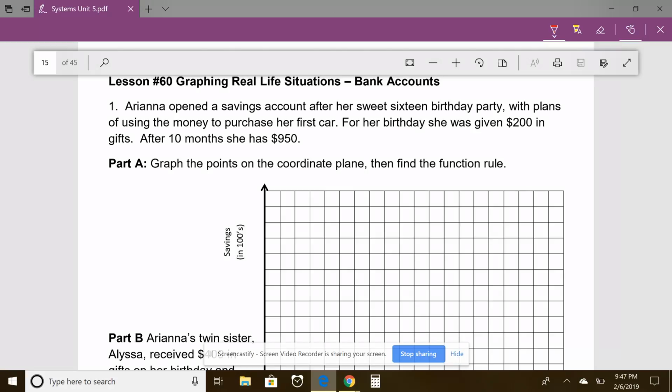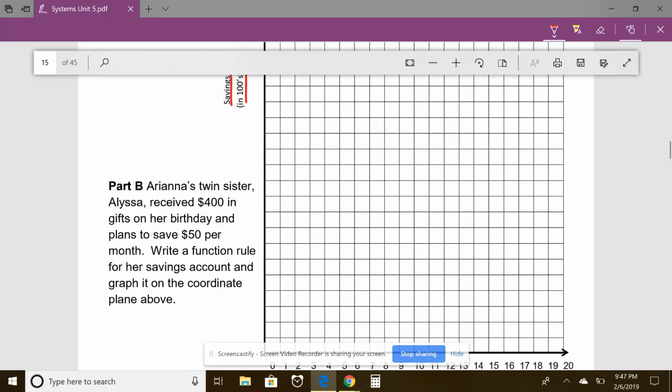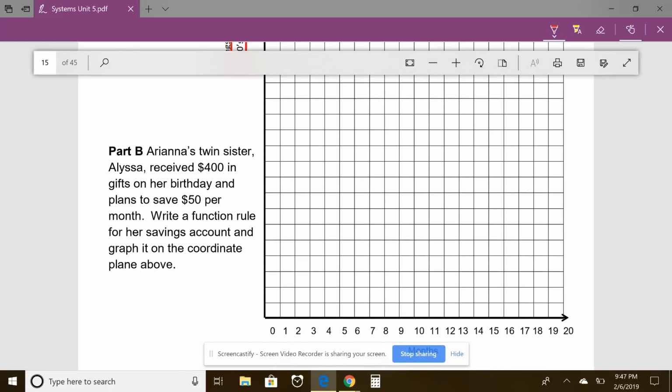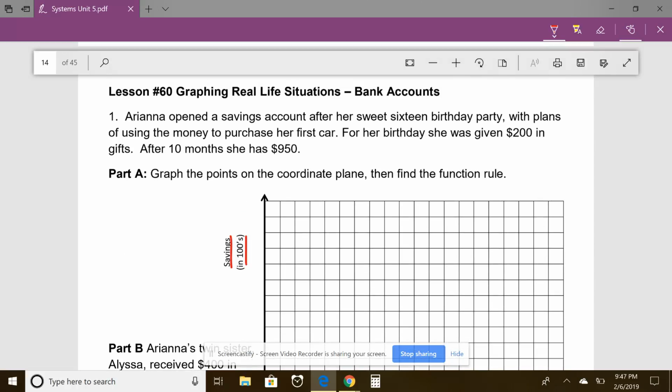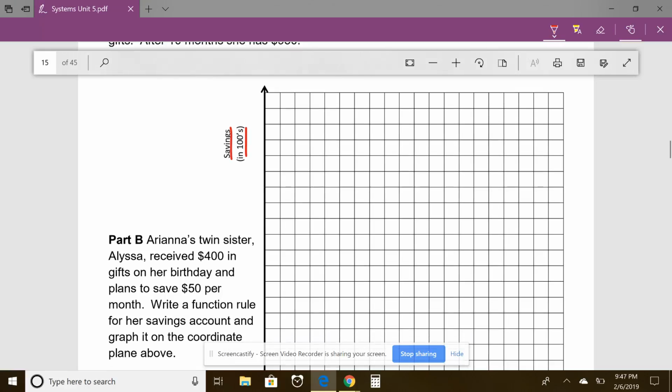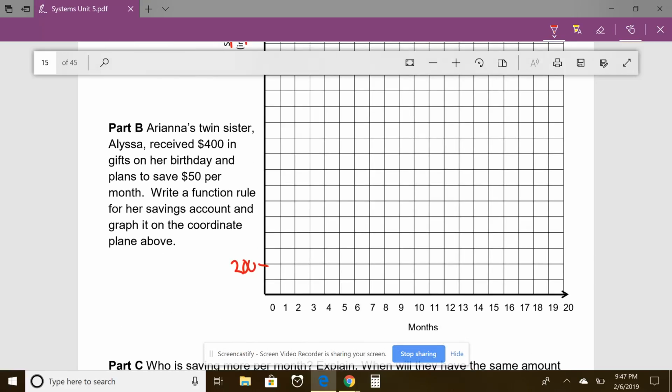So if she was given $200, that means that would be 2 boxes up on my y-axis. And then after 10 months, she has $950. So at 10 months, so 1, 2, 3, 4, 5, 6, 7, 8, 9, 10.